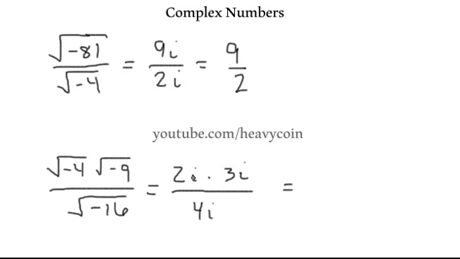Well, we can cancel out one of these i's, one on the top and one on the bottom, and so we're going to be left with 6i over 4. But of course we can reduce this down. 2 goes into 6 3 times, and 2 goes into 4 twice. So 3 halves i.